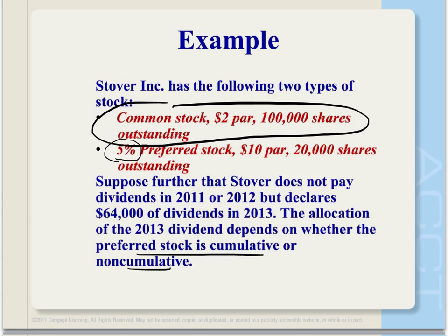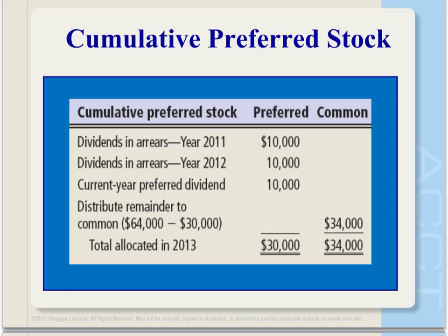Suppose further that Stover does not pay dividends in 2011 or 2012, but declares $64,000 worth of dividends in 2013. The allocation of the 2013 dividend depends on whether the preferred stock is cumulative or non-cumulative.